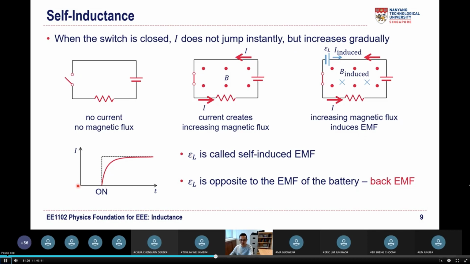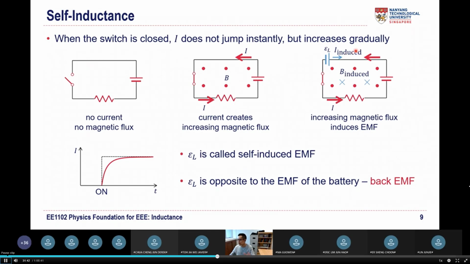And you can see that this induced EMF creates a current that opposes the change, right? But what would happen eventually to this one?